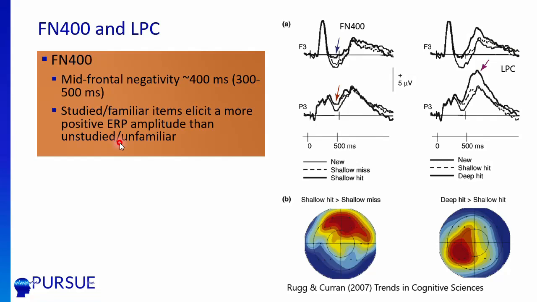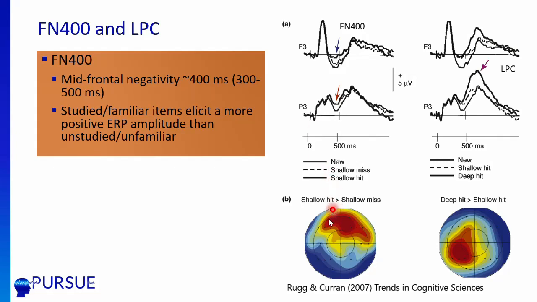So in other words, new or unfamiliar items have a greater FN400 amplitude if you're talking about negativity. But typically, we plot ERPs positive upward, and we would say that studied items have a more positive FN400 amplitude than unstudied, or in this case, missed items, right? Missed items are old items that are called new.